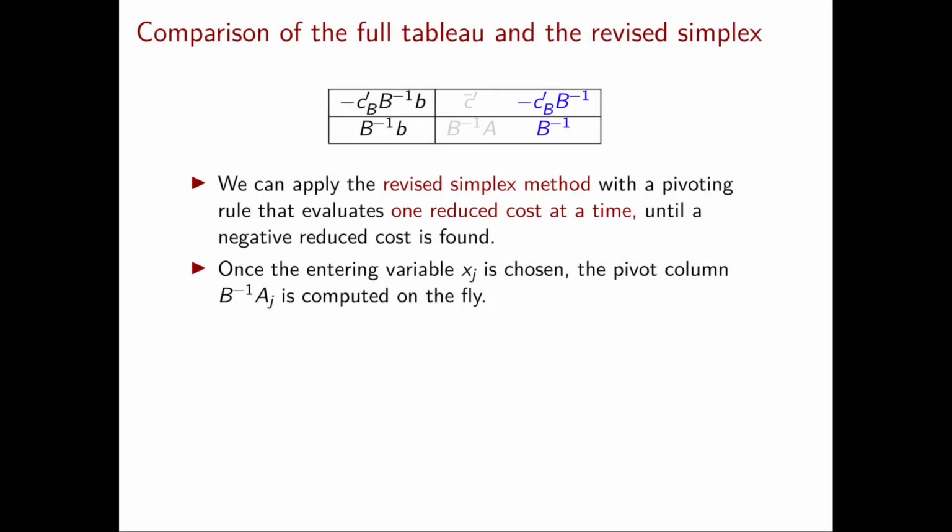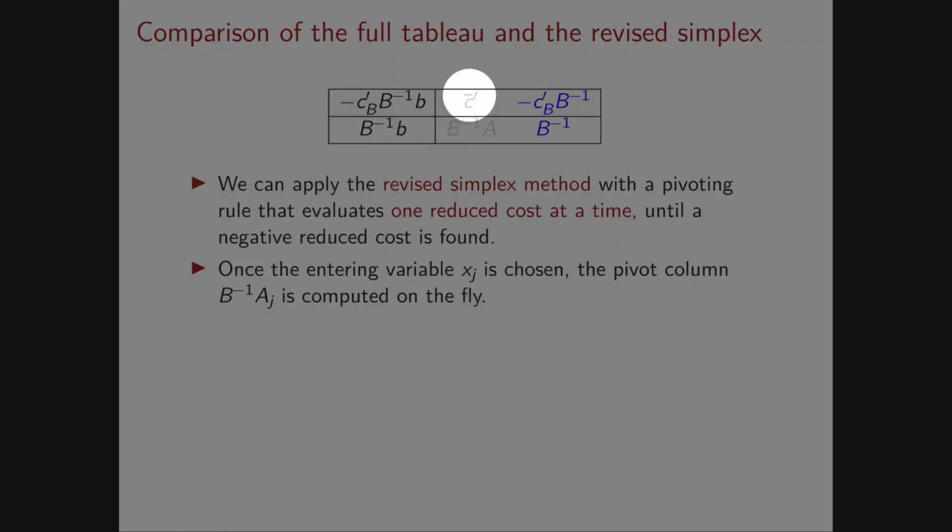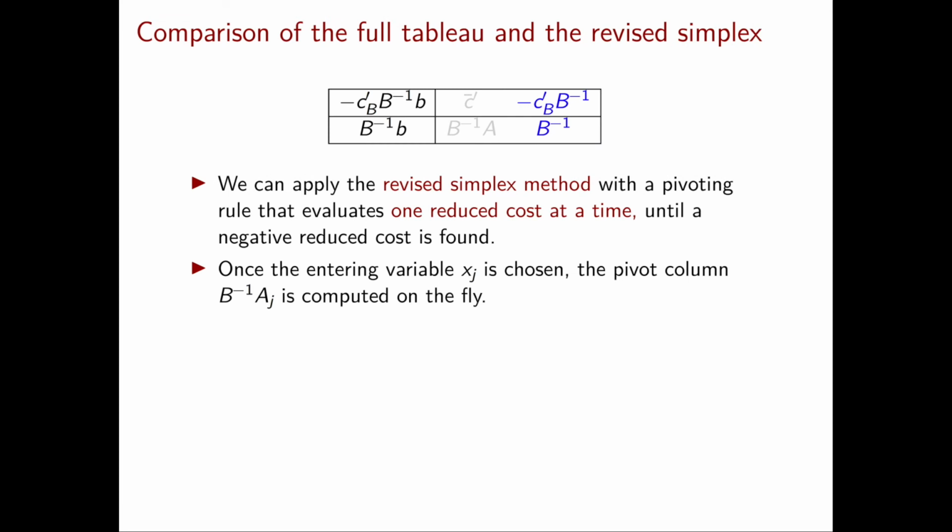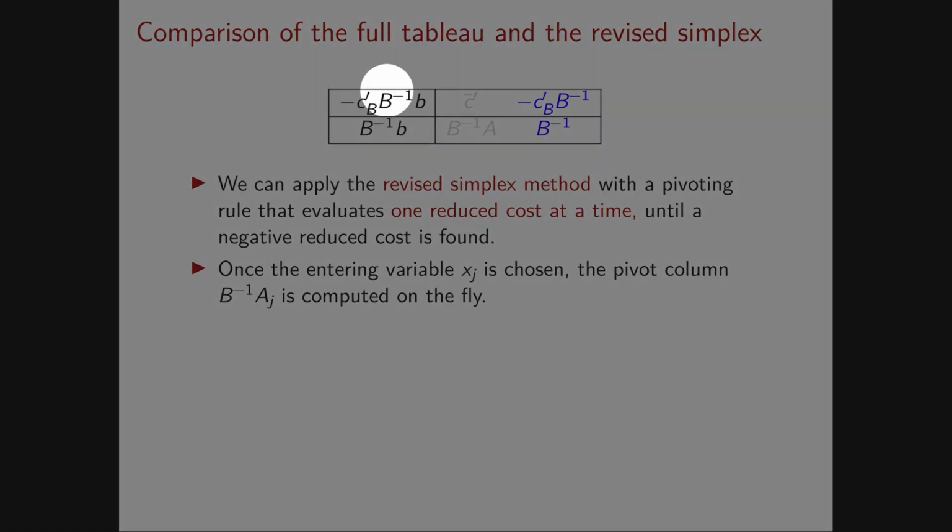Now, when we find a negative one, we need to compute the vector u, which is B inverse a_j, which is, in my extended tableau, the vector just below the negative reduced cost that we have just found. So to recap, the revised simplex essentially at each iteration computes the 0th column, it computes B inverse, then it computes the vector p, and then it starts to compute one by one the entries of c bar prime.